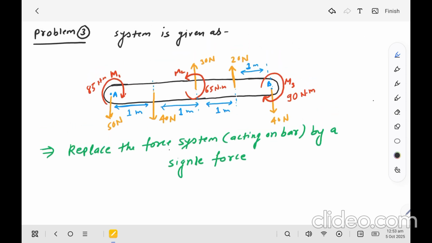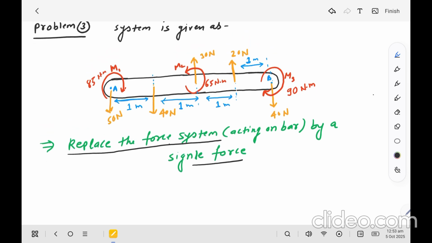So let's solve problem number 3. The system is given as in this figure. So 5 parallel forces as well as 3 moments of couples are acting on this object. Now our objective is to replace the force system by a single force. This problem is slightly different from what I solved.